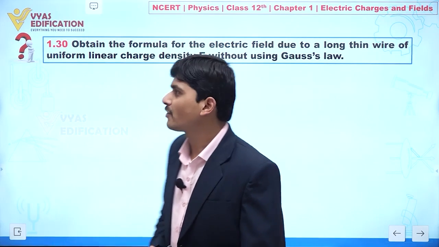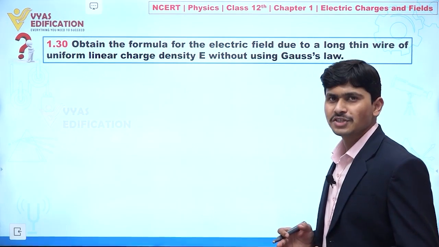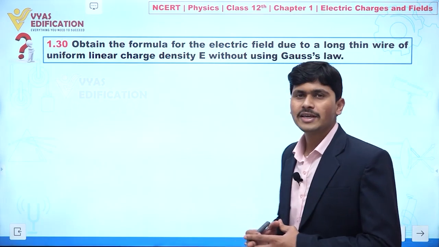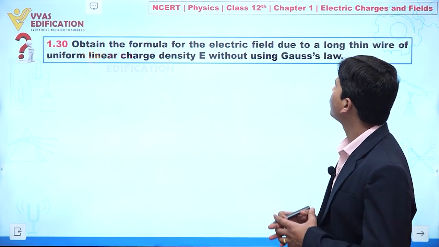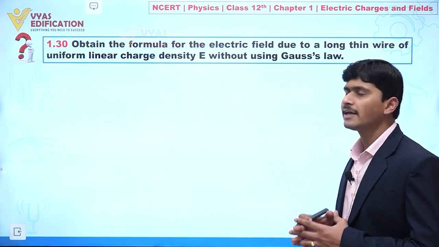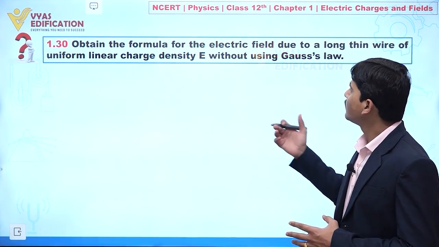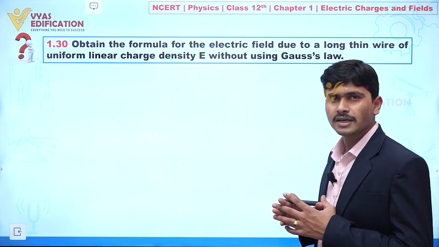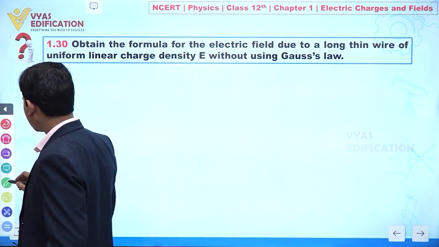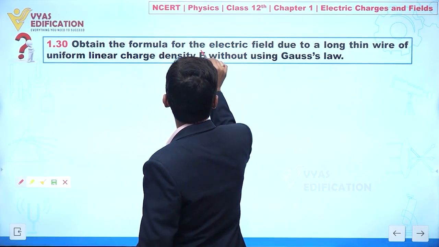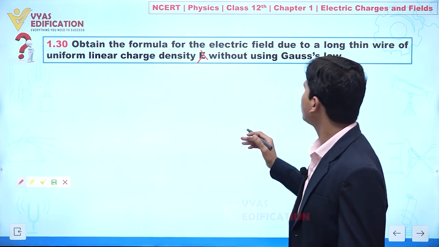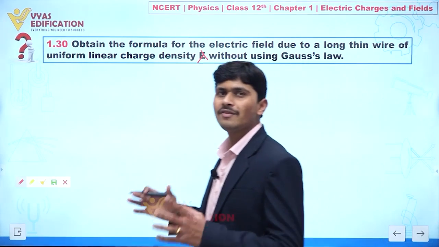So now dear student, we are going to discuss question number 1.30. The question is: obtain the formula for electric field due to a long thin wire of uniform linear charge density lambda without using Gauss law. So the uniform charge density lambda is given to us, and without using Gauss law we have to prove the value of the electric field.